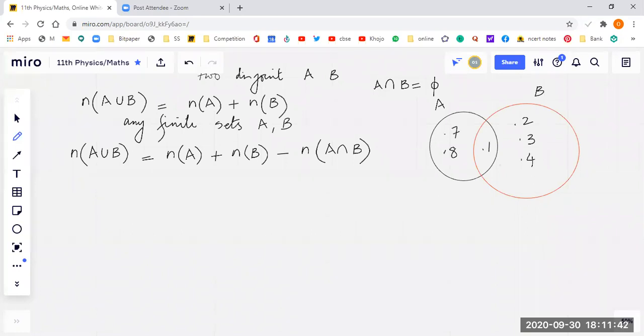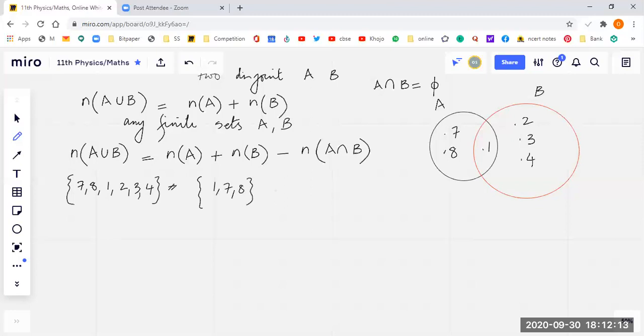I can say that 1 element is common between A and B. Now apply here the number of elements in A union B. So A union B set would be defined as 7, 8, 1, 2, 3, and 4. And A set would be defined as 1, 7, 8.